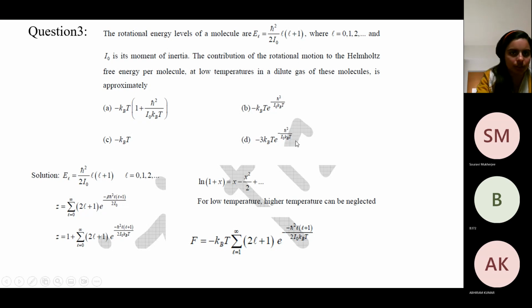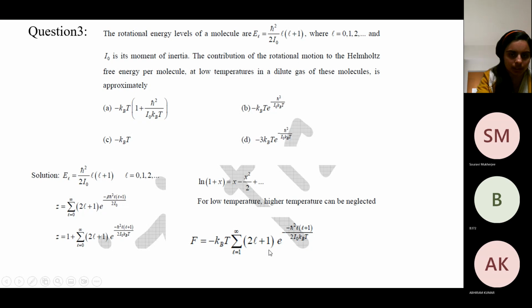So think of the case where you want to get the expression for low temperature. That means T tends to zero, so this entire thing goes to a lower value.